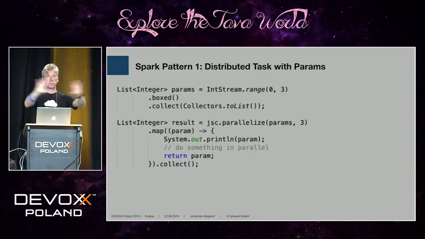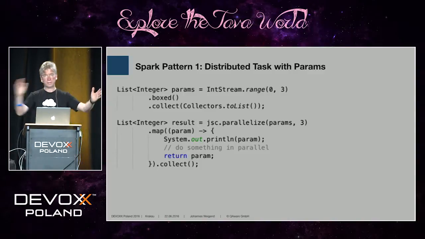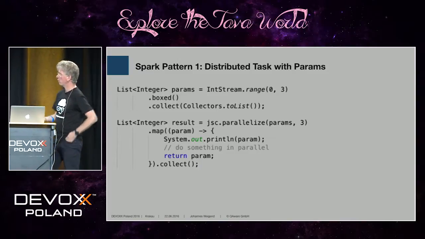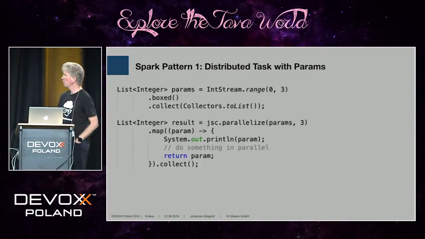And it will be distributed in the cluster. It will be distributed exactly 3 times on 3 different executors, 3 different machines if my cluster is big enough. And then the map task is called and the action is executed.